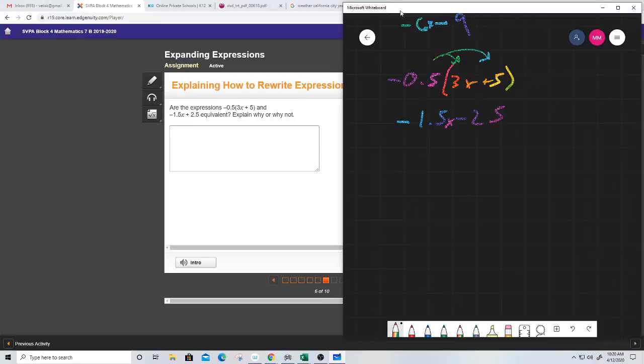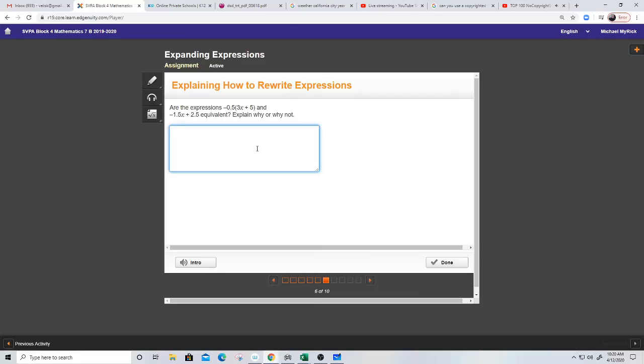I forgot my x. Did they get negative 1.5 minus 2.5? No, they did not. So you just say no. The negative 0.5 should have multiplied by the 5 to get negative 2.5.